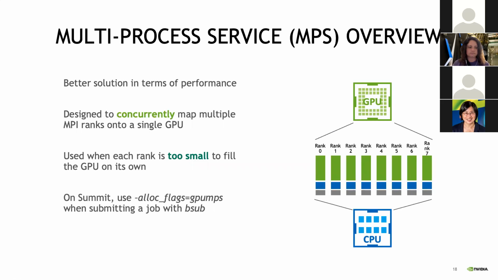So if you have just an MPI parallel application, MPS is a really good solution to use. Again, it would be used when each rank is too small to fill the GPU on its own. And on Summit, you can use the alloc flag GPU MPS when submitting a job to enable the multiprocess service. So Max is going to give an intro to MPI and MPS in our next module.